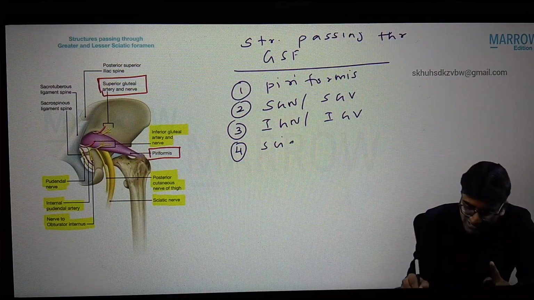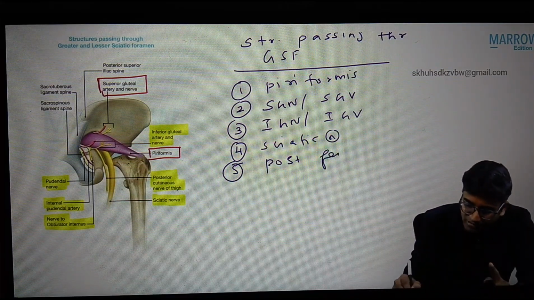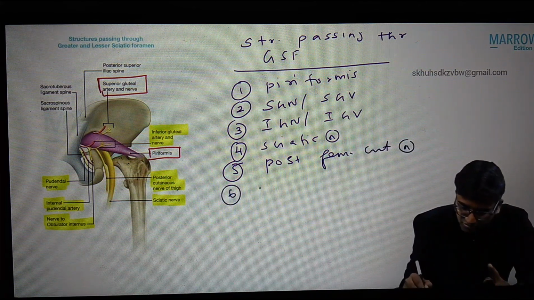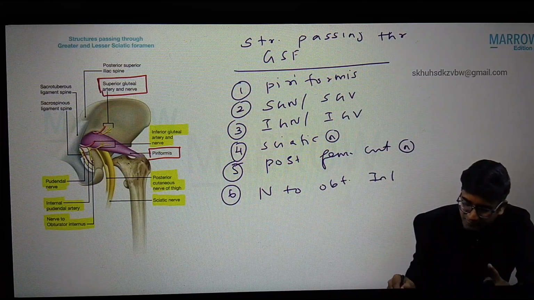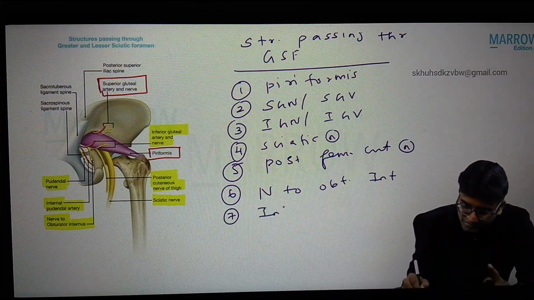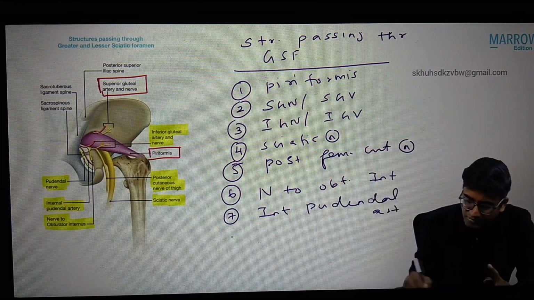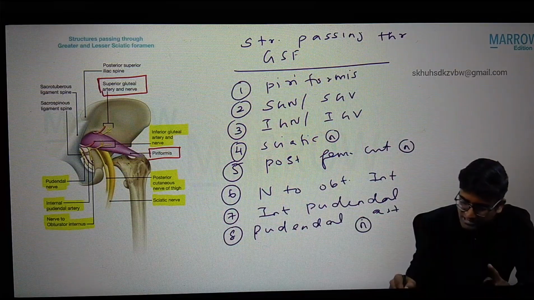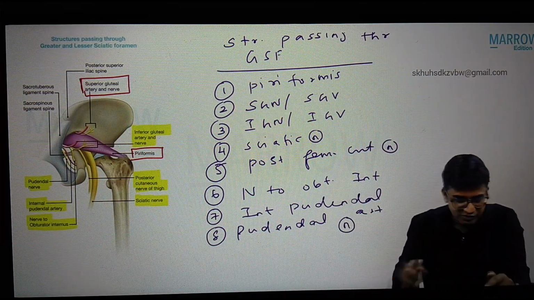Number 4, sciatic nerve. Number 5, posterior femoral cutaneous nerve. Number 6, nerve to obturator internus muscle. Number 7, internal pudendal artery. And number 8, pudendal nerve. Now these are structures that pass through your greater sciatic foramen.